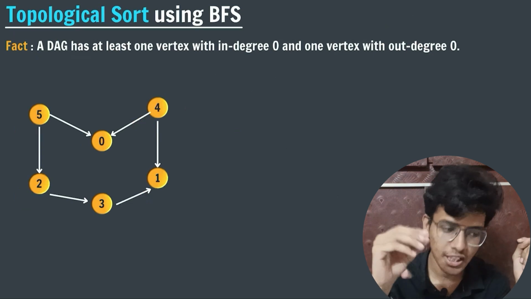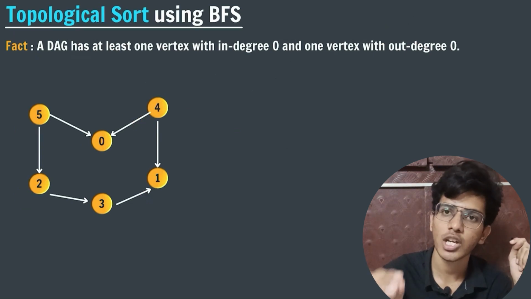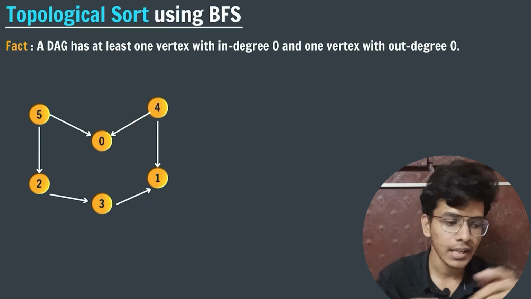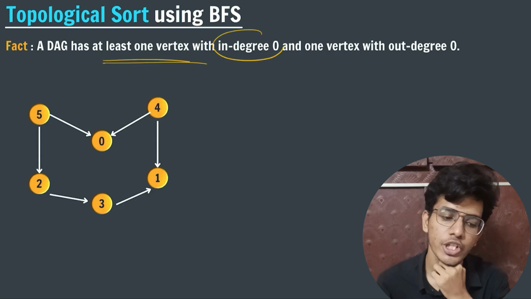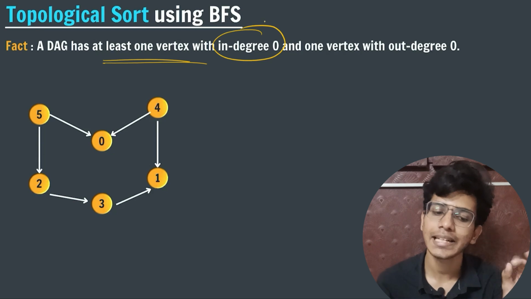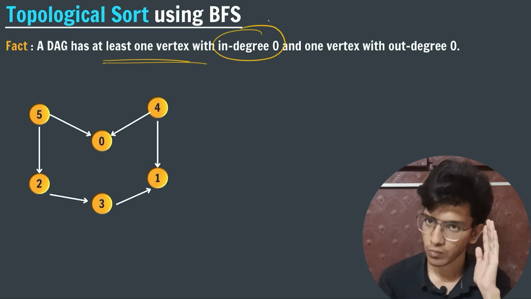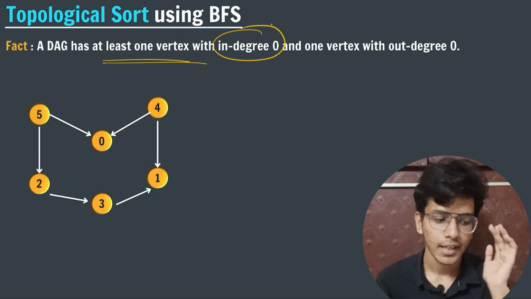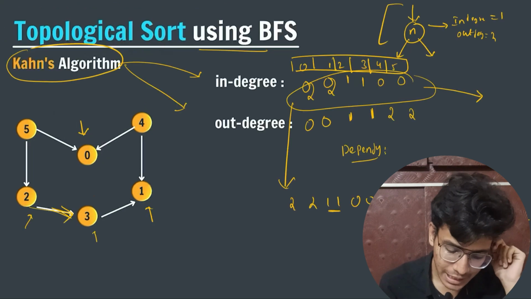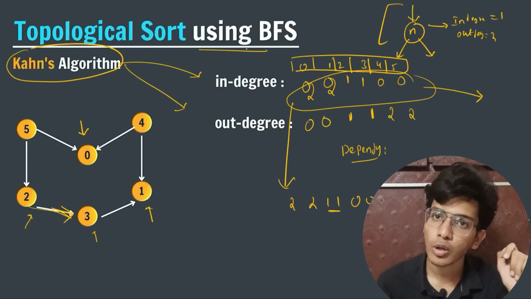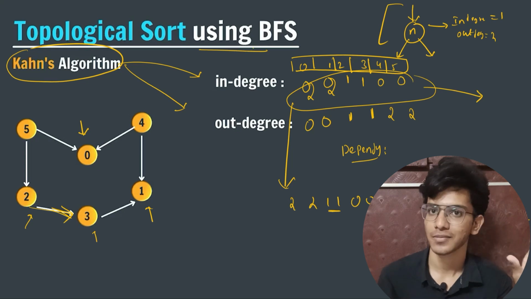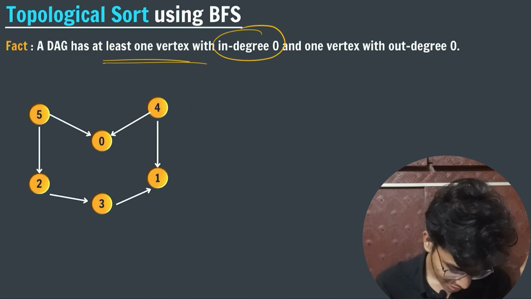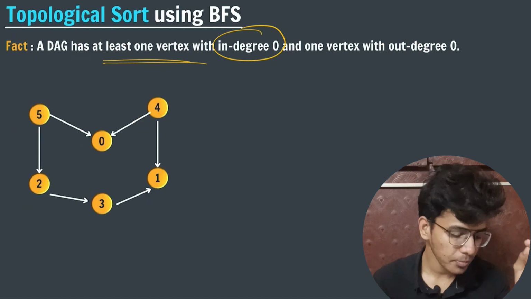And a fun fact is that if the given structure is a DAG, then it should have at least one vertex which has in degree 0. Here you can see that the in degree of 5 and 4 is 0, so I will print those elements first. This is the main logic, very simple logic.